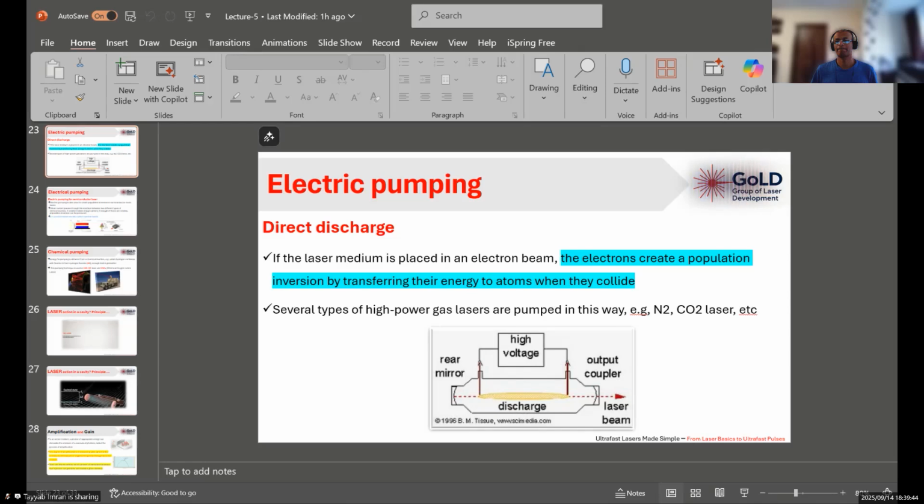Sir, I just wanted to ask: we always say that the visible range is approximately 400 to 700 nanometers, and within it there are, I think, 7 different colors.